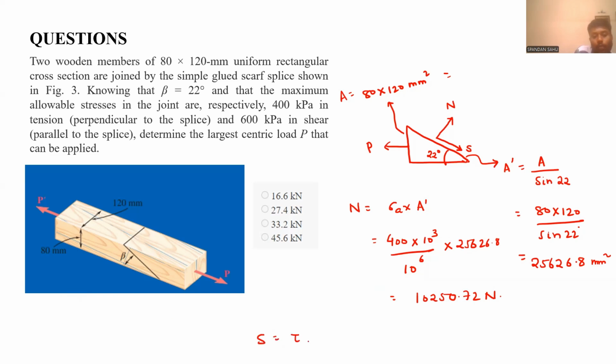Similarly, S will be tau allowable. S will be tau into A prime.